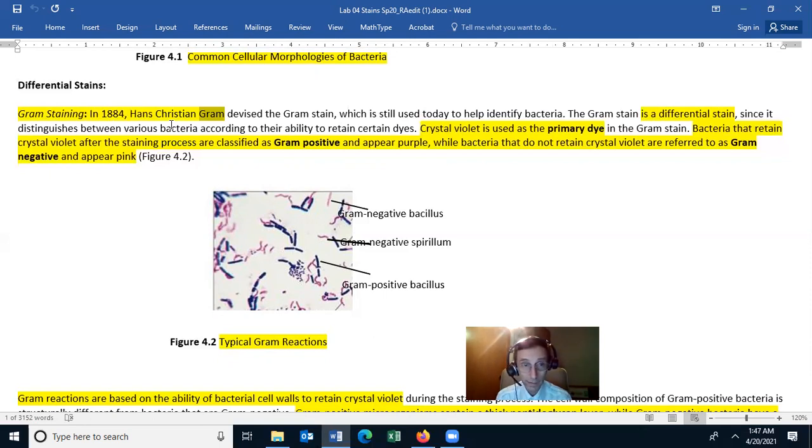This stain can differentiate between bacteria. And so this is the most commonly used differential stain in microbiology, because with this stain we can separate almost all cells into gram-positive cells, which stain purple, shown here, and gram-negative cells, which stain pink, shown here and here.